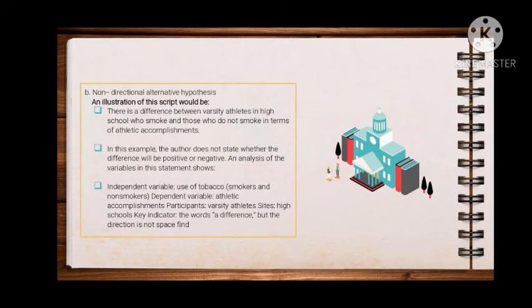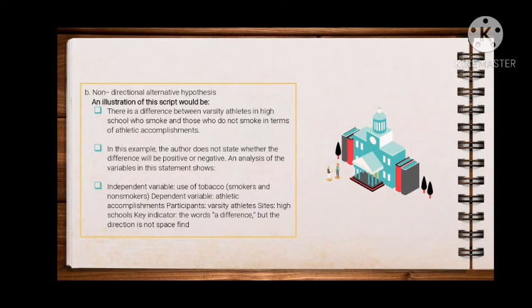An analysis of the variables in this statement shows: independent variable, use of tobacco, smoker or non-smoker. Dependent variable, athletic accomplishment. Participant, varsity athlete. Site, high school. Key indicator, the word different, but the direction is not specified.